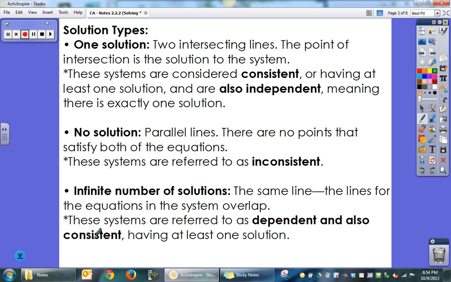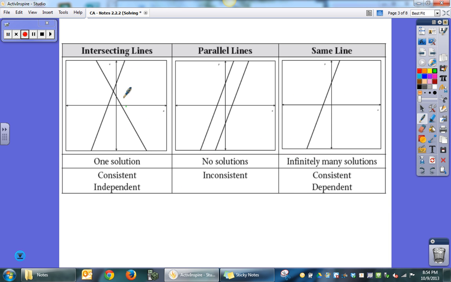So consistent because there is a solution, just like one solution, but not independent because there's more than one solution. So independent is one solution, but dependent is more than one solution, in this case an infinite number of solutions. So graphically those look like this. One solution, no solutions, and an infinite number of solutions because we've got the same graph graphed on top of itself.